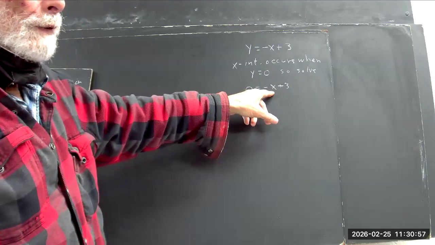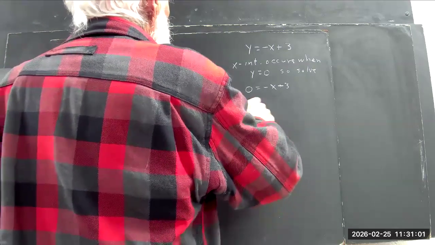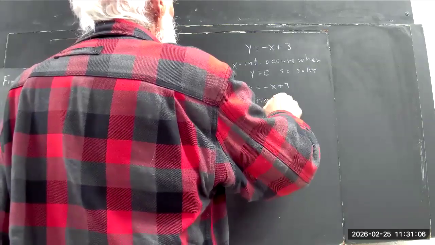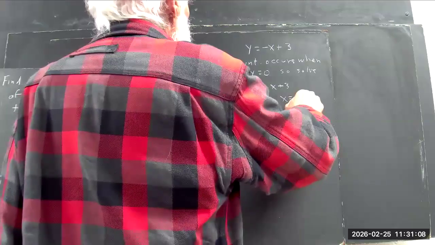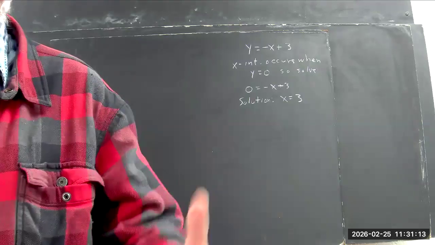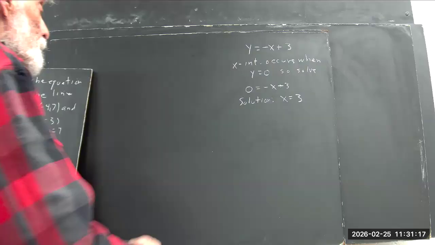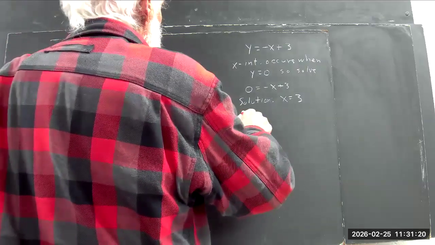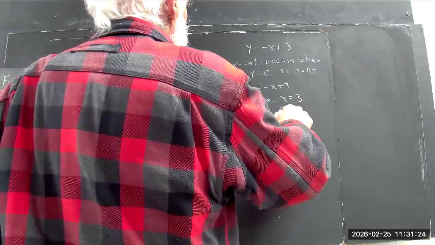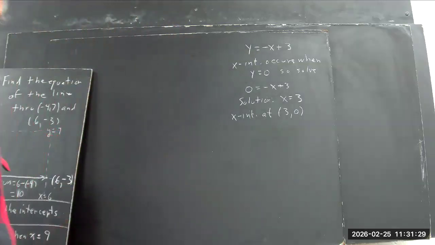When we solve that, we'll get the x-intercept. The solution is obvious, and it's not always going to be that obvious, but you solve the equation and you get x. Okay? The x-intercept occurs at the point 3, 0.